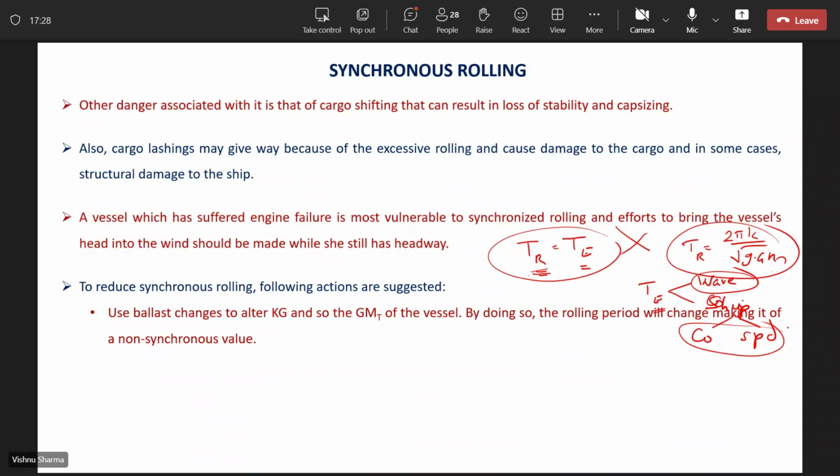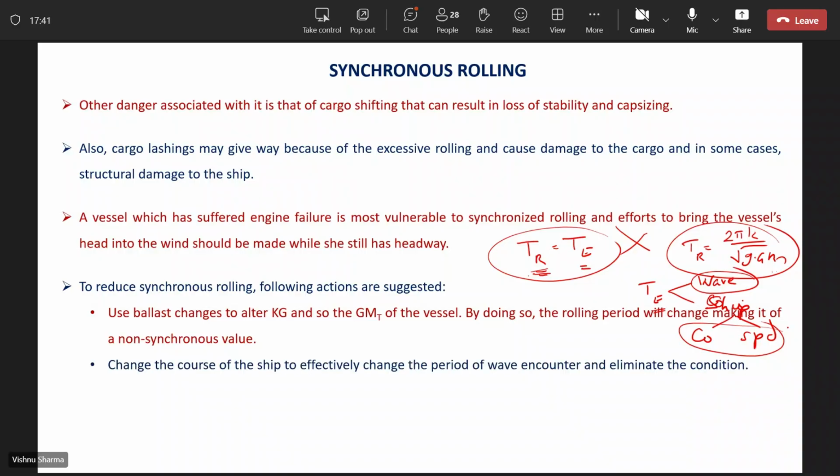Okay. So the action to avoid synchronous rolling is basically to disrupt the cause. Use ballast changes to alter KG so that the GM of the vessel changes. By doing so, the rolling period will change, making it a non-synchronous value. Change the course of the ship to effectively change the period of encounter and eliminate this condition.